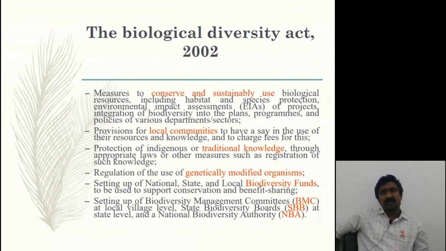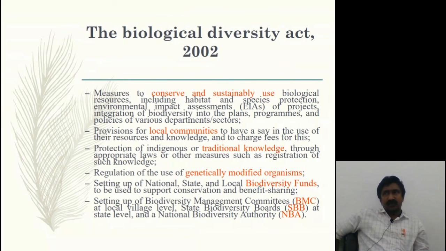All these things are funded by the State Biodiversity Board, and they also monitor the use of genetically modified foods and all these things. So biodiversity conservation, etc., are handled by the State Biodiversity Board in Kerala. So we have national, state and even local body level biodiversity boards or biodiversity funds.